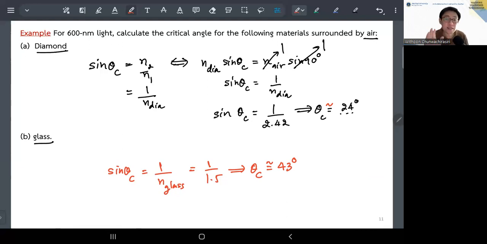Because it only takes about 24 degrees for the light that enters the diamond to start reflecting back. But if it's just a piece of glass, it will take up to 43 degrees before light will start to do total internal reflection. So this is the reason why it's so easy for the light to get reflected back to yourself, the observer. That's why you can observe the sparkling a lot more easily than with a piece of glass.